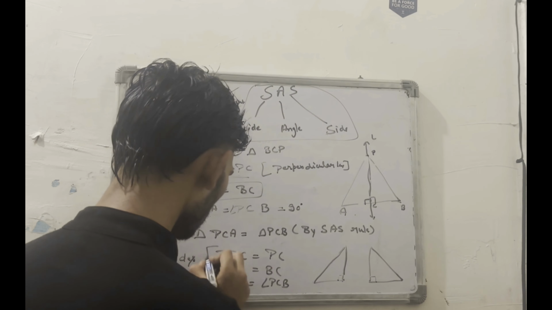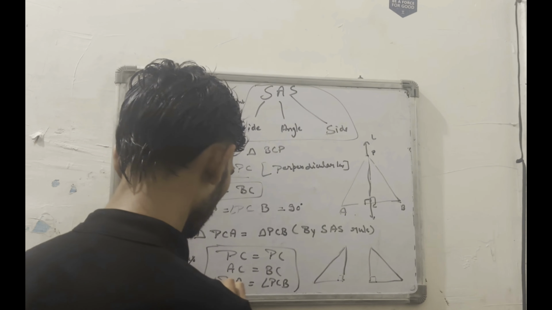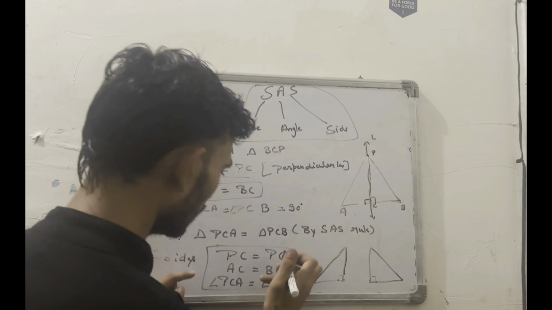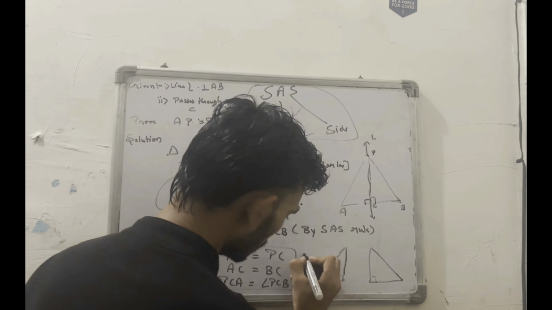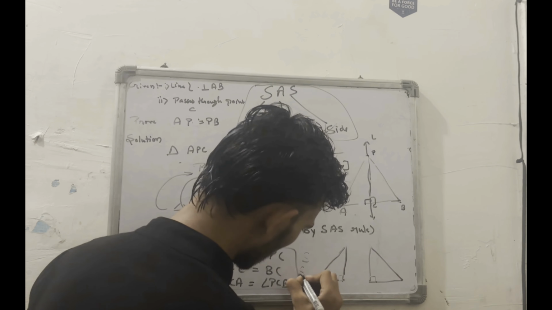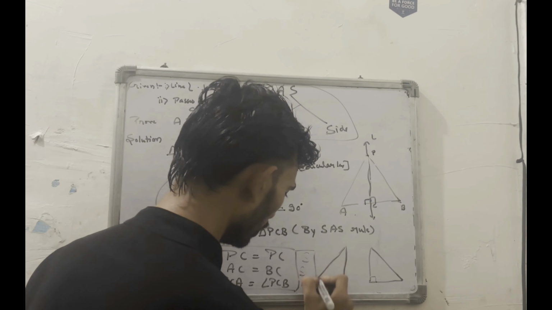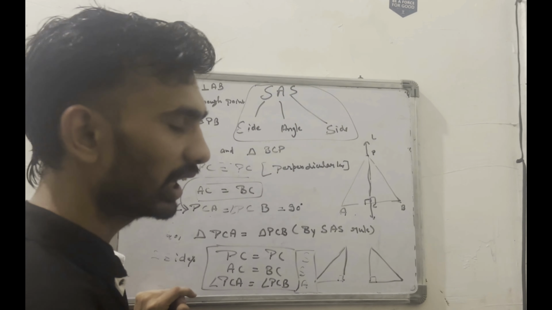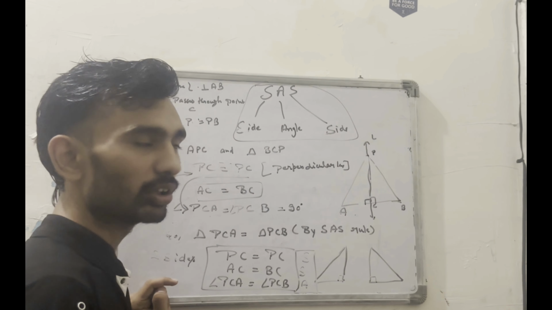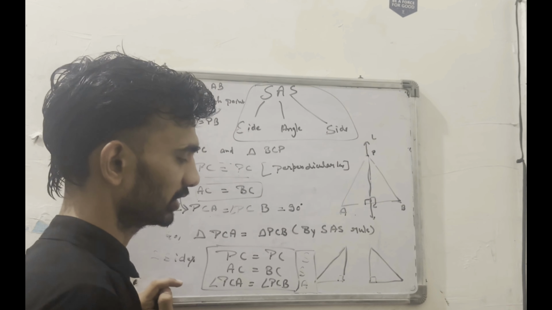These things we get. If we get side, side and angle, then the two triangles are always equivalent, or congruent, to each other.